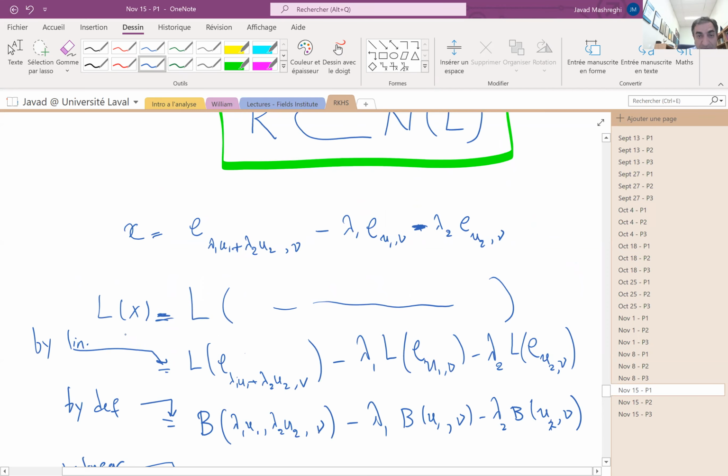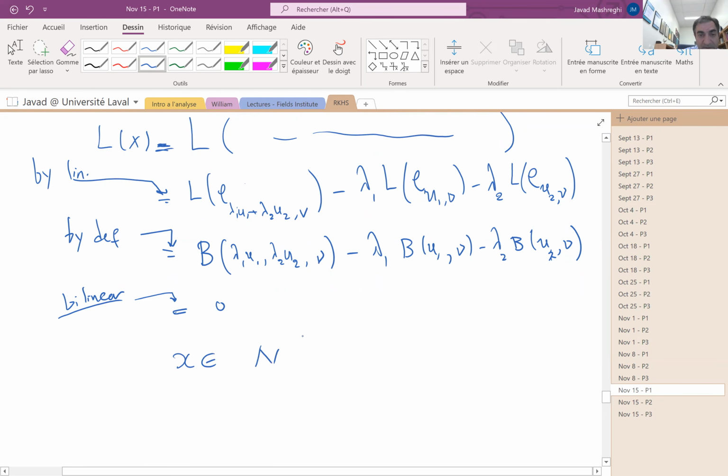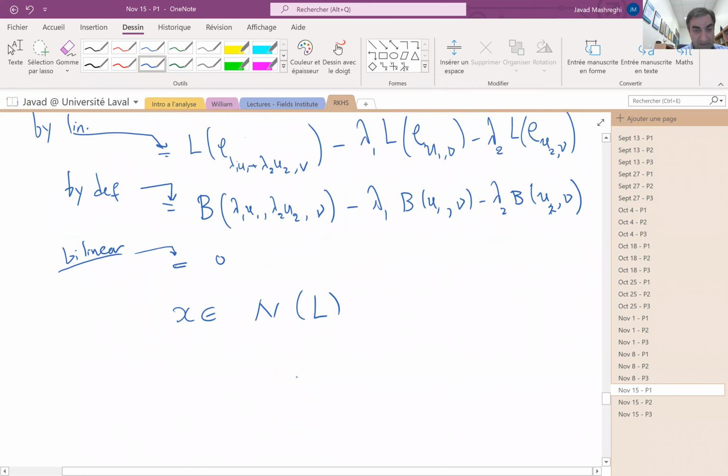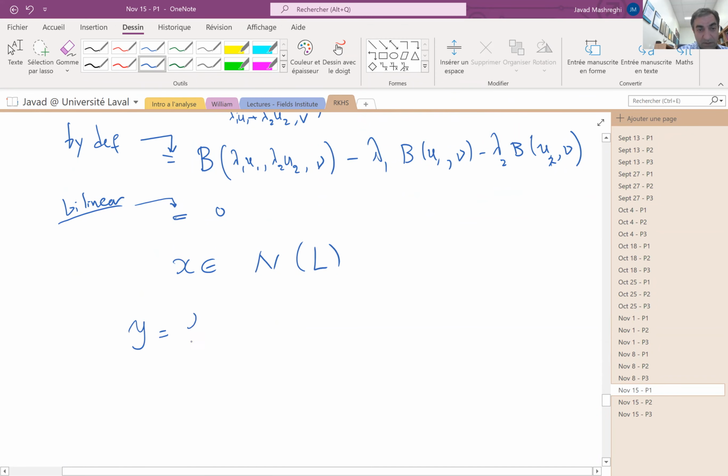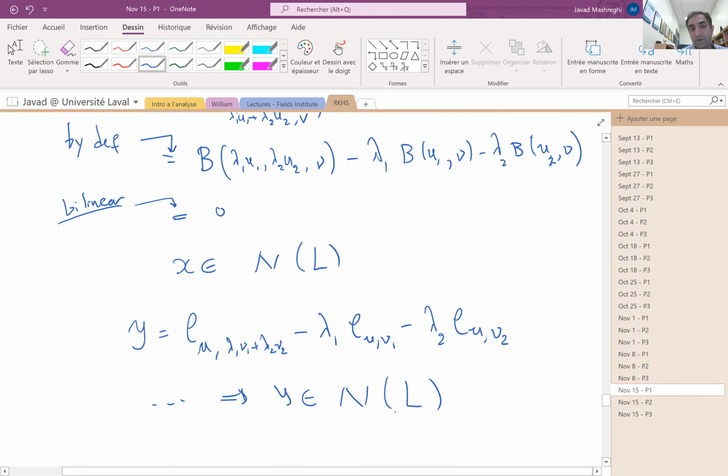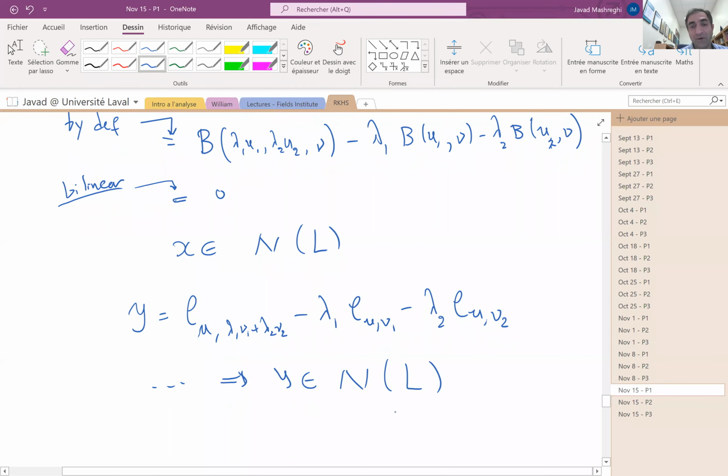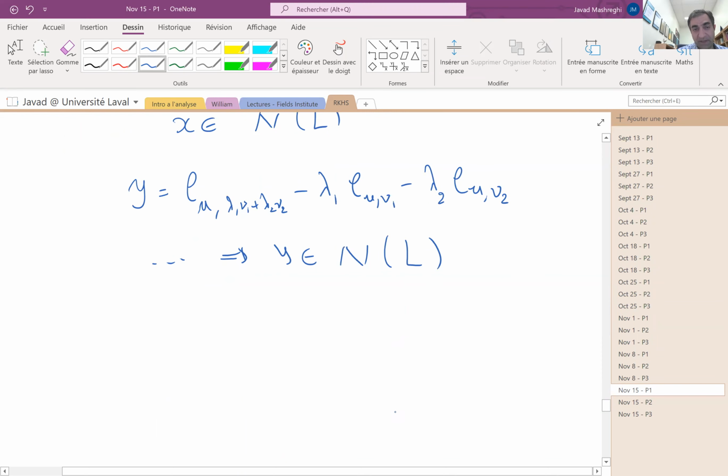Precisely with the same, so X is in the null space of L. Precisely with the same method, if I call it Y, E U lambda 1 V1 plus lambda 2 V2 minus lambda 1, precisely with the same technique, we can conclude that Y is in the null space of L. So the two categories of elements which create R are in the null space, and therefore R is in the null space.